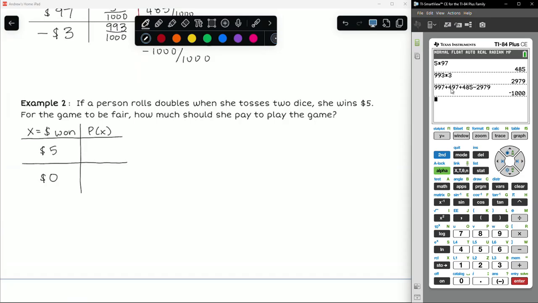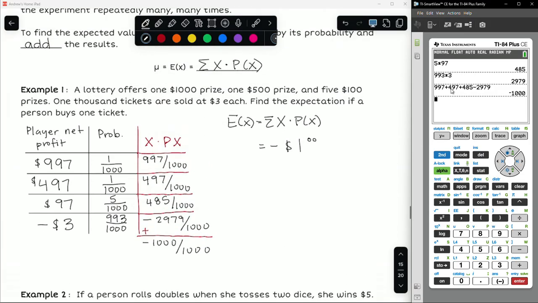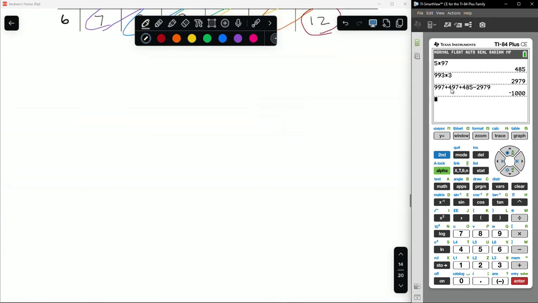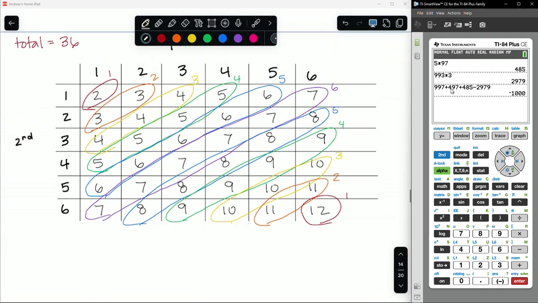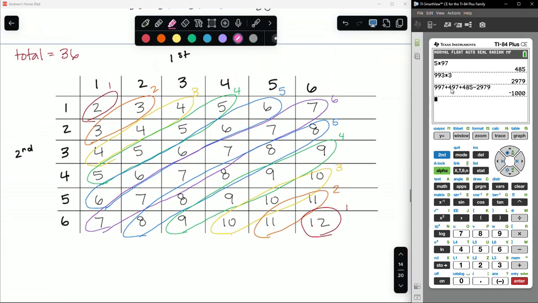And to help fill out those probability columns, I'm going to scroll back to slides from our previous video, because we looked at what happens when we roll 2 dice. So scrolling back up, if I look for the doubles, that's going to be this diagonal here. That diagonal there is 1 and 1, 2 and 2, 3 and 3, 4 and 4.